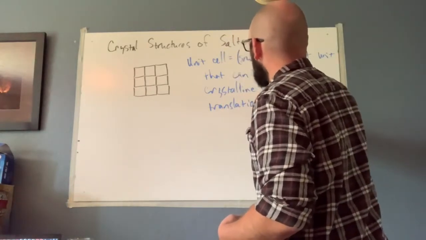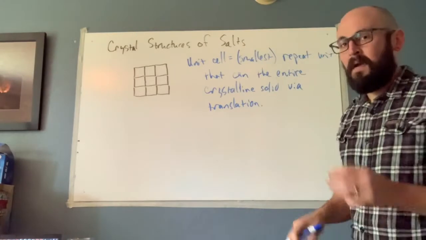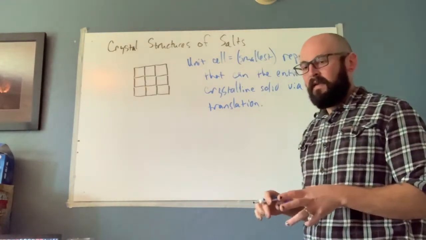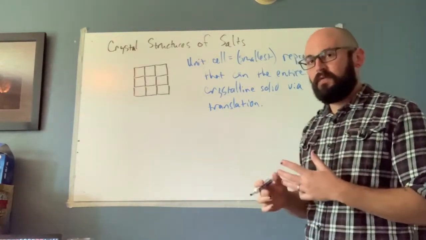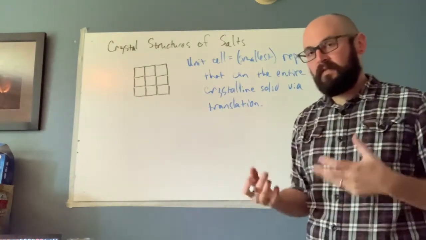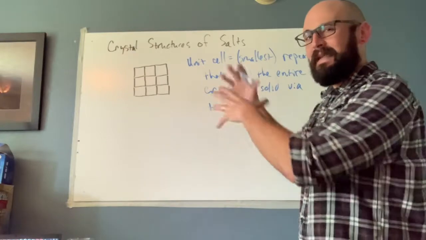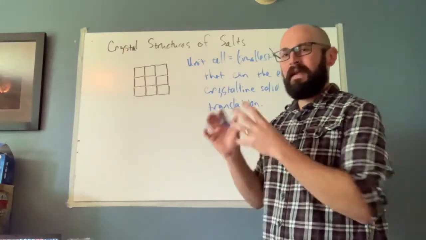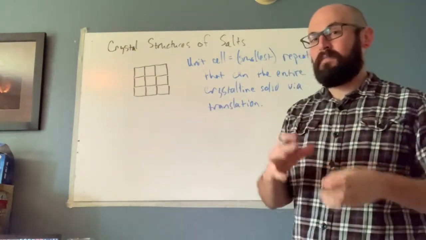An important component of this, perhaps not an exact definition, is that the translational symmetry that's used to move your unit cell necessarily generates the rest of the system. So it's not just that the unit cell can move, but that it moves to a symmetry equivalent position.